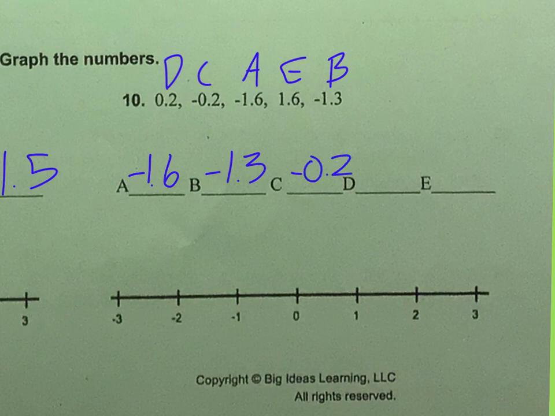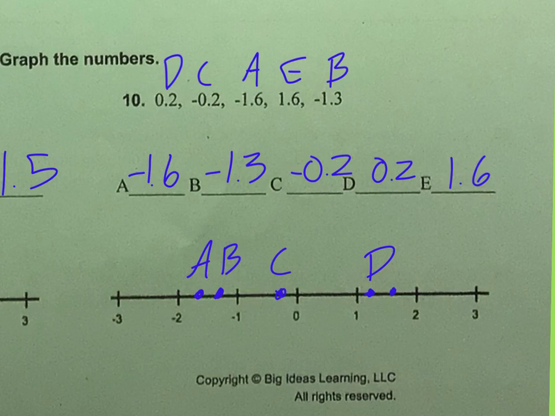Then I've got 2/10, and then 1 6/10. So -1 6/10 would be about right there. So that's A. B is at -1 3/10, so about right there. That's only 3/10 difference, so they're really close. Then we've got -2/10, which would be C. D is 2/10, so right there. And E is 1 6/10.